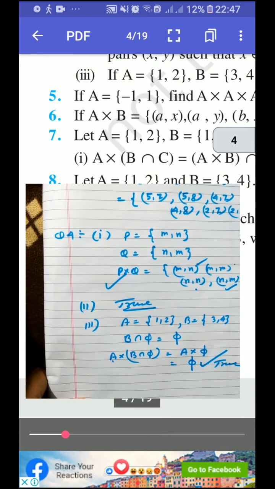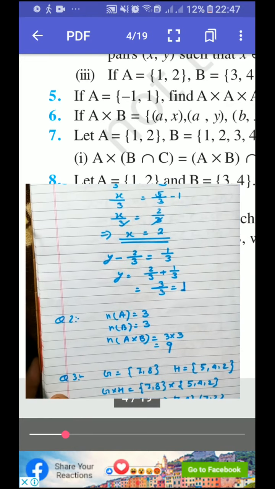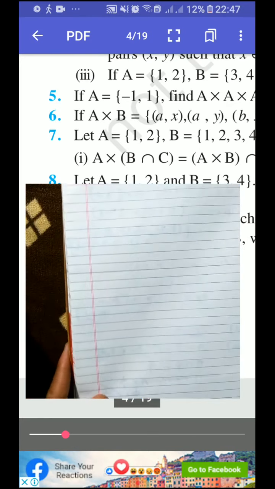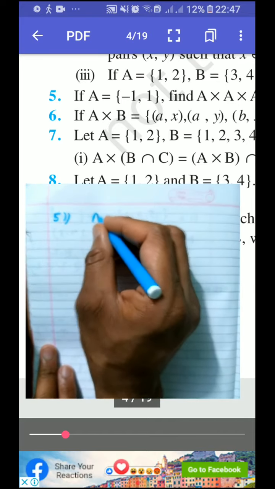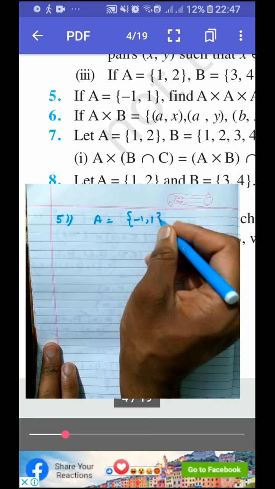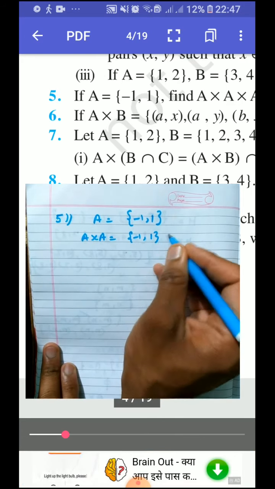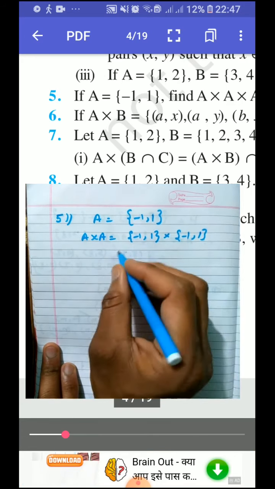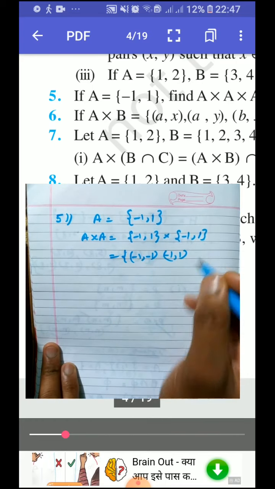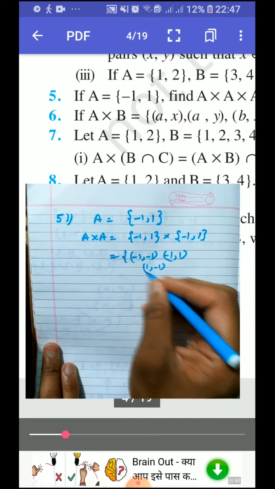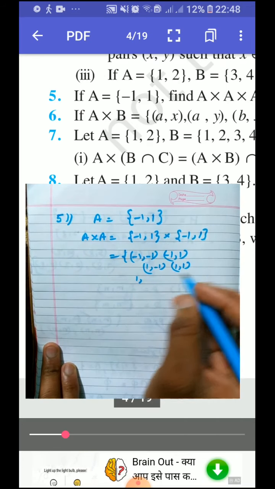Now come to question number 5. We have been given set A having elements -1 and 1. Now A Cartesian A equals {-1, 1} with {-1, 1}, which is (-1, -1), (-1, 1), (1, -1), (1, 1).